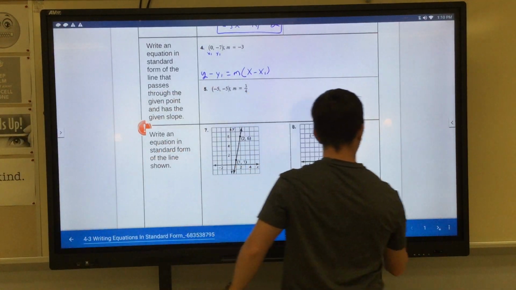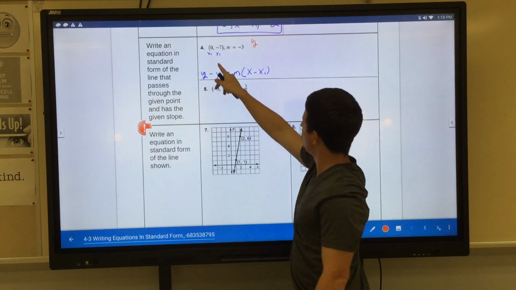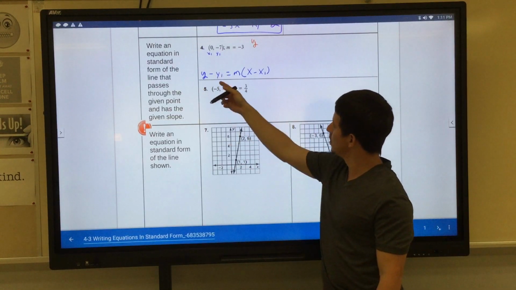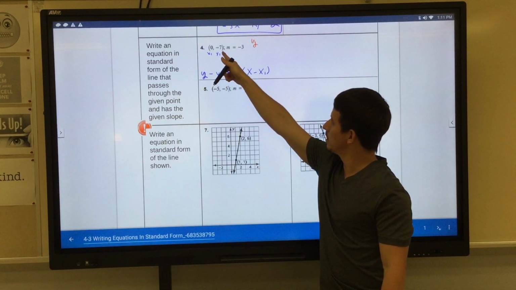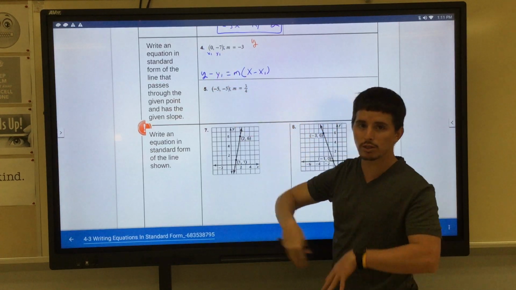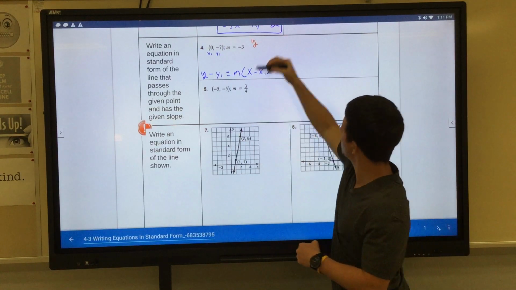So all we have is y. Now, we must get the opposite of this minus y1. The y1 is a negative 7. So if I want to get this negative 7 in here, I must do the opposite. So what's the opposite of a negative 7? Positive 7.